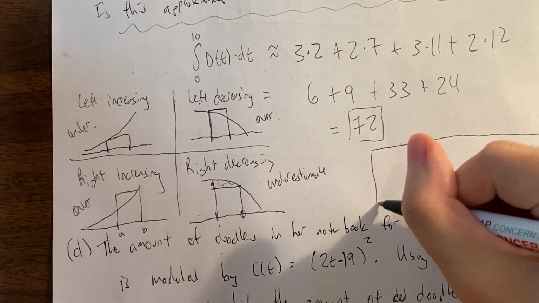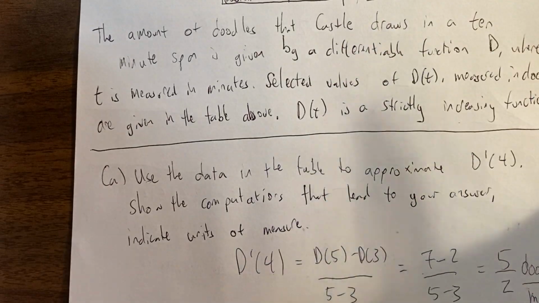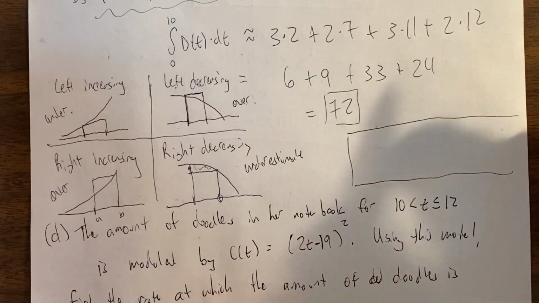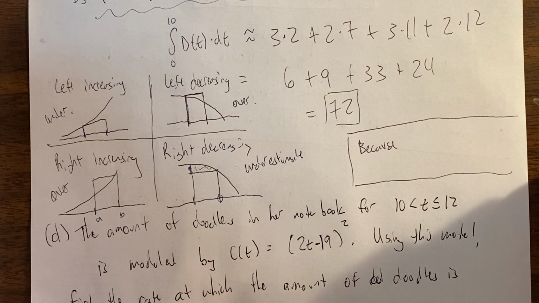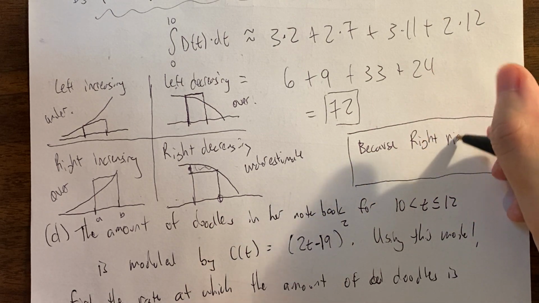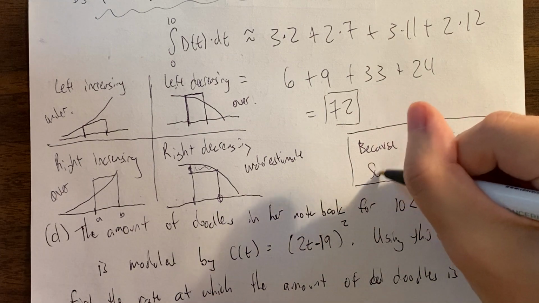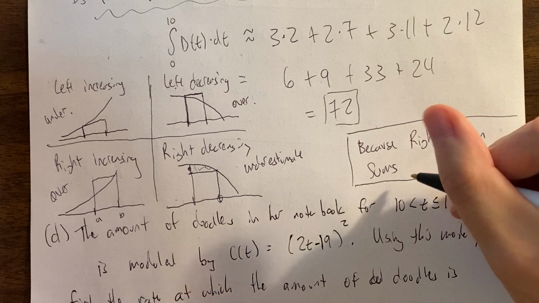In this case, we are dealing with right, and I believe increasing. So we are going to write, right Riemann sums overestimate increasing functions.